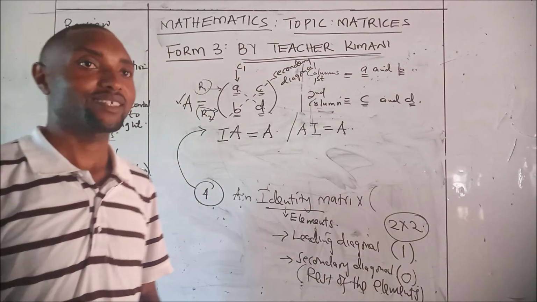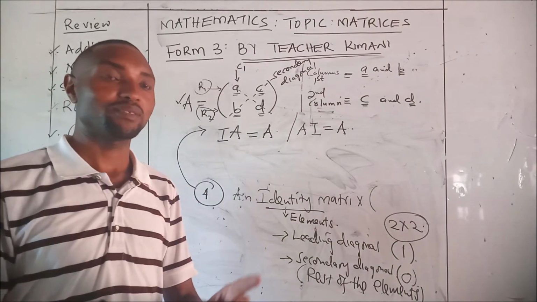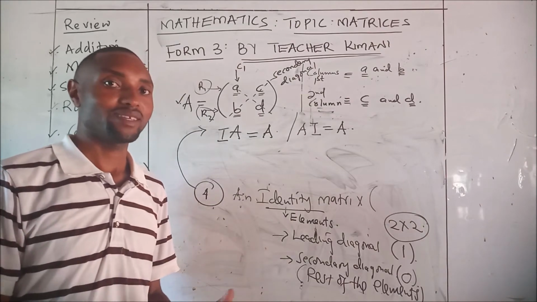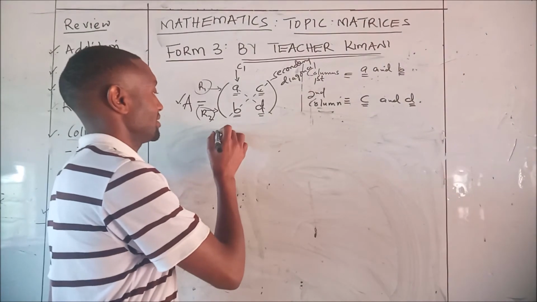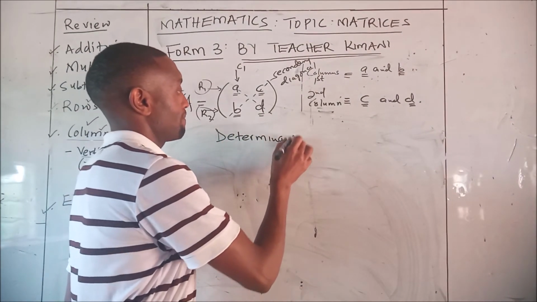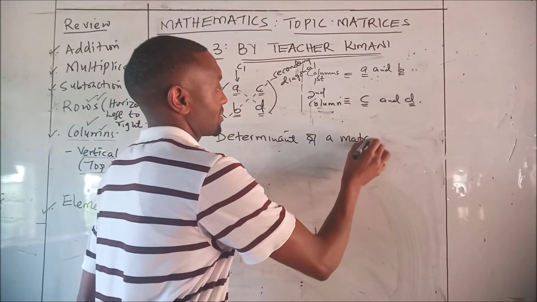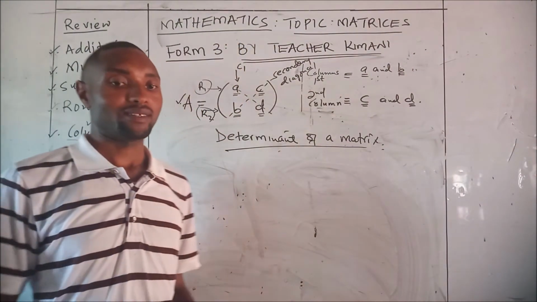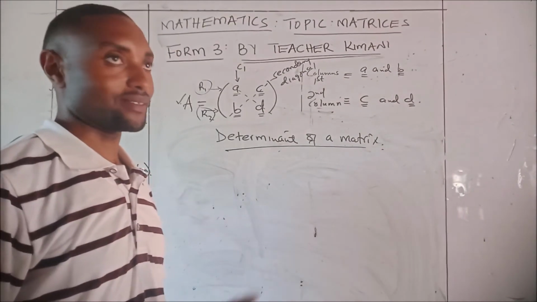And very interesting is that a matrix is also determined by the diagonal elements in that matrix: the determinant of a matrix. So I want us to look at that, very important. What is a determinant of a matrix?